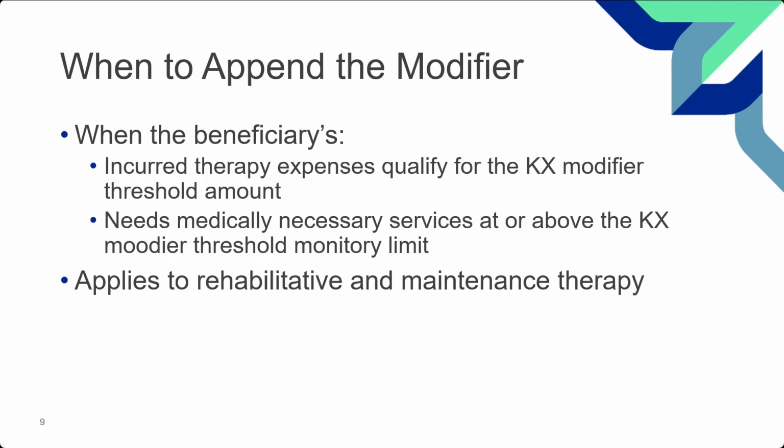Again, this is your attestation to Medicare that you know the beneficiary has hit that monetary threshold limit, but they continue to need medically necessary rehabilitative services. So this modifier is applicable even if you are providing maintenance therapy. You must still be attesting to the fact that the Benny continues to need medically necessary skilled therapy services.